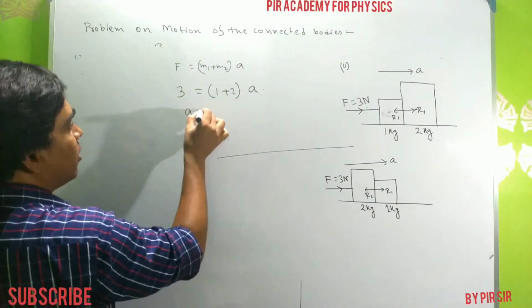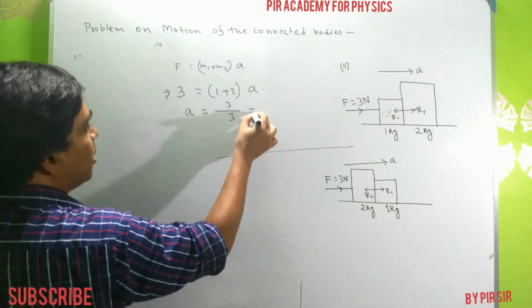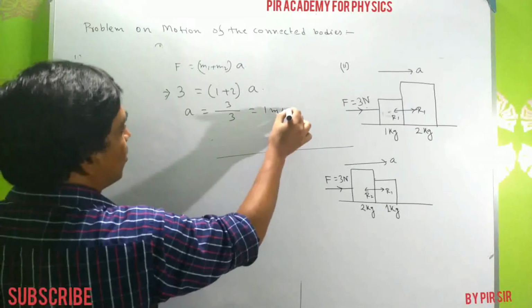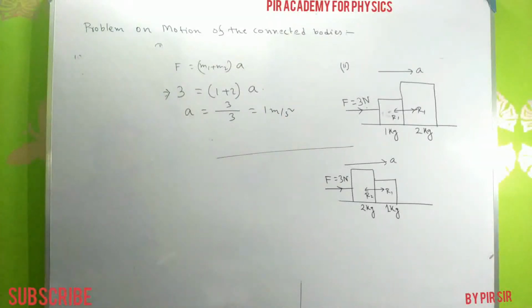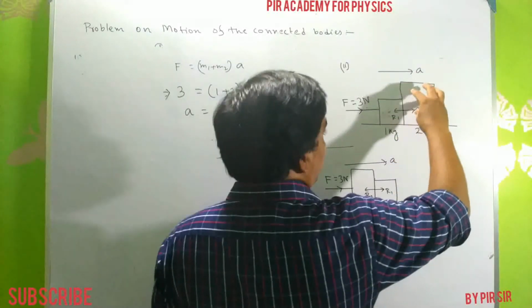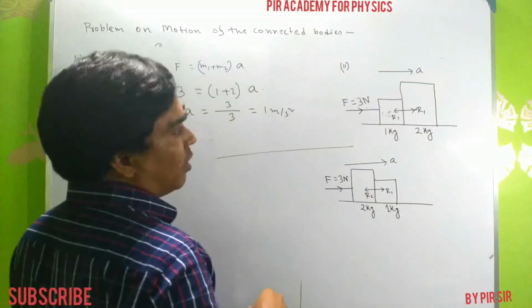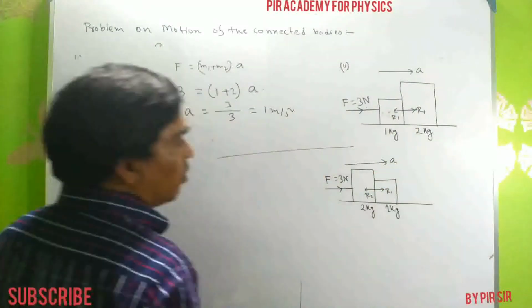That means the acceleration will be 3 divided by 3, that means 1 meter per second square. You have to calculate the value of R1, that means the contact force between these two masses.